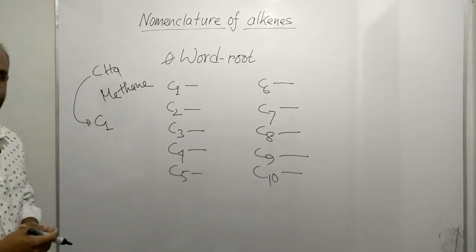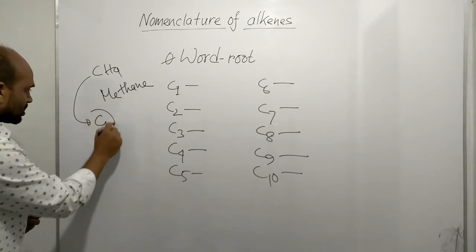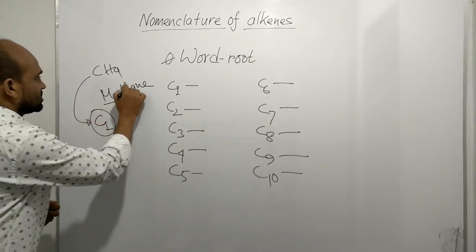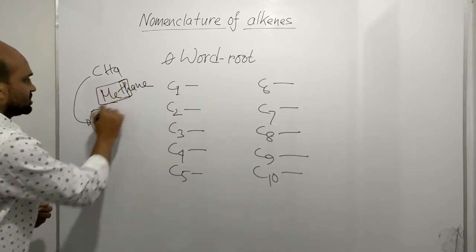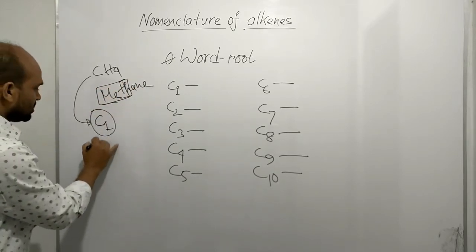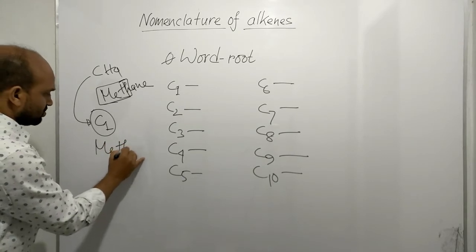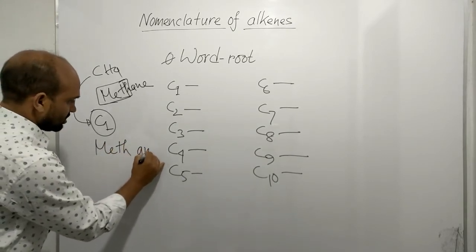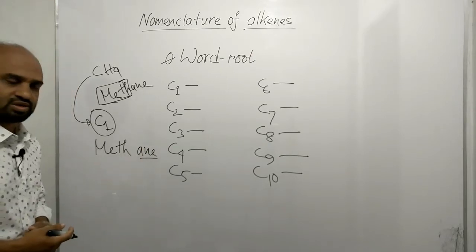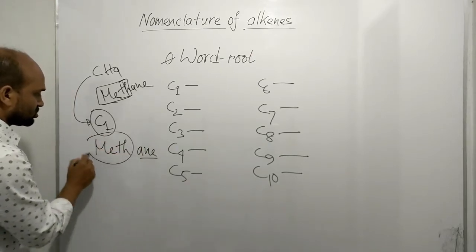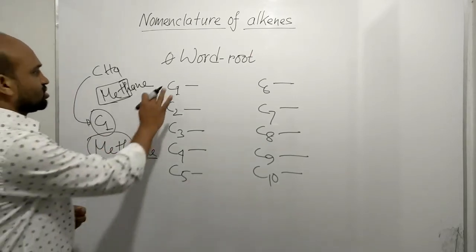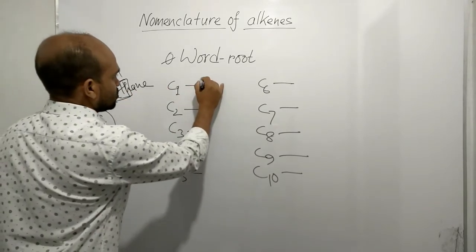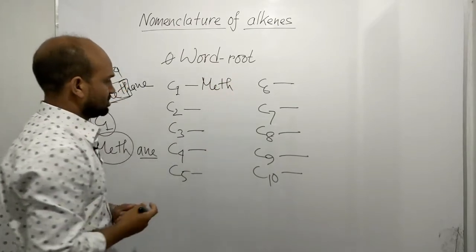When a compound contains one carbon atom, then the term meth comes. So here, meth is word root and ane is suffix. When a compound contains one carbon atom, then word root is meth.